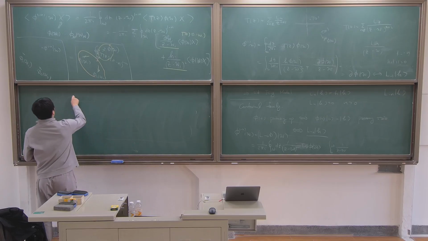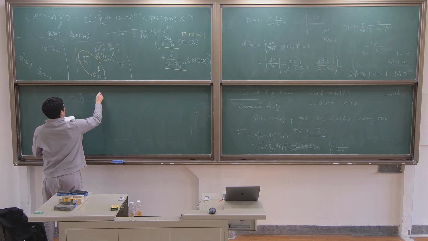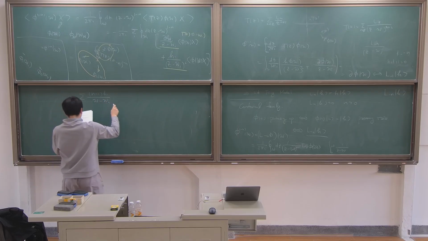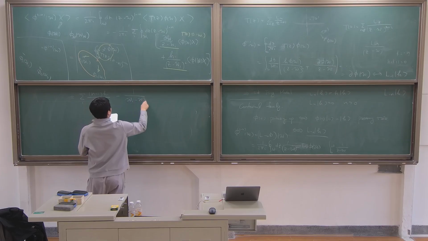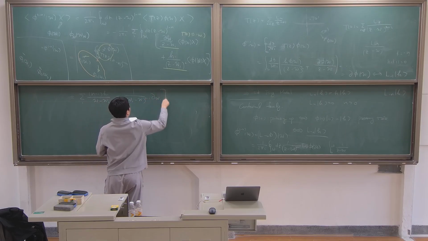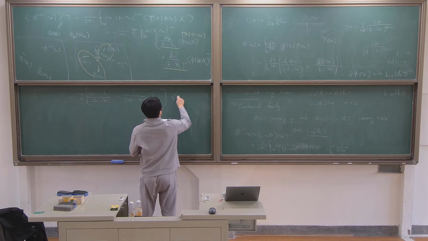Therefore, this can be written as follows: sum over i of (w minus wi) to the power n minus 1 times h_i over (wi minus w)... minus 1 over wi minus w, to the n minus 1 times wi. This operator acts on phi i of w.